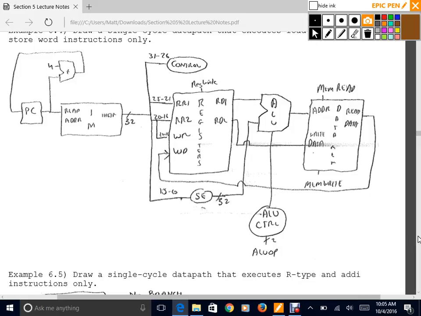My recommendation, and when you do this type of problem on the exam: R-type is an R instruction. What is addi? What type of instruction is add immediate? I-type. Very good. So for an R-type instruction, I have opcode, RS, RT, RD, shift amount, and function, right?